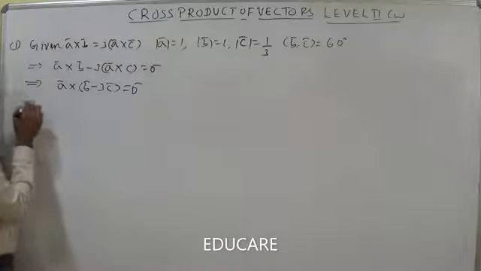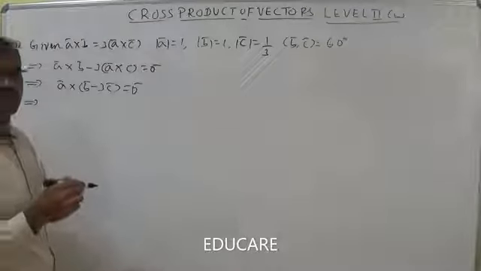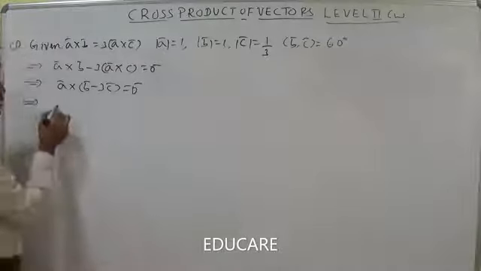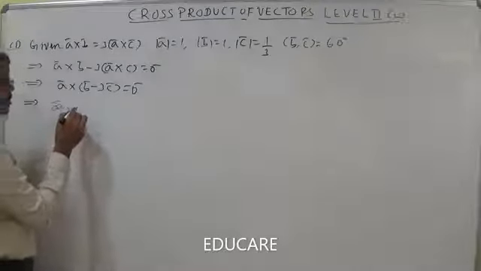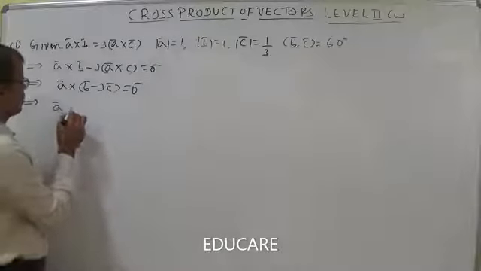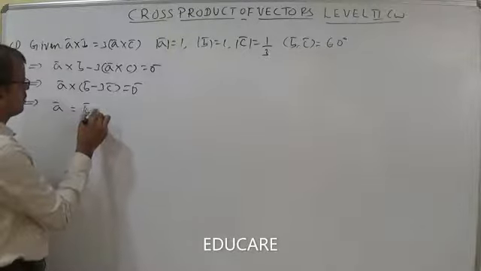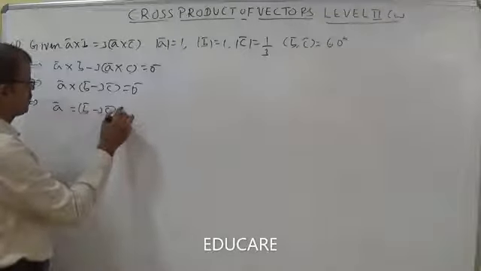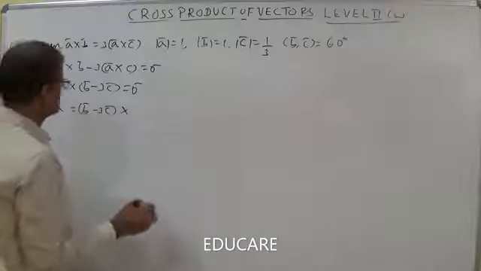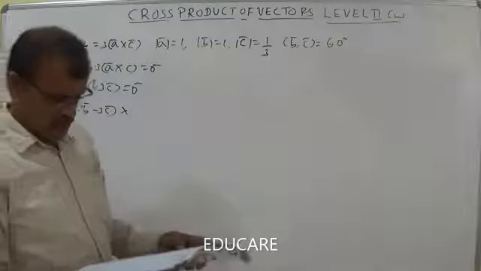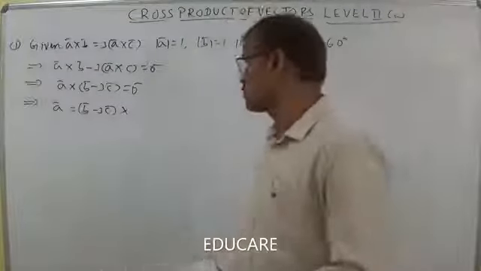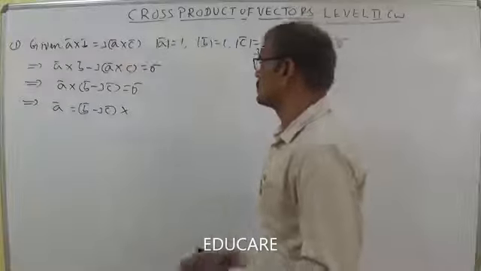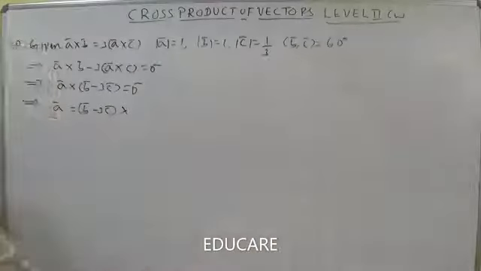Whenever the cross product between two vectors is 0, the two vectors are parallel. So B bar minus 3C bar is equal to lambda A bar, or we can also write A bar is equal to (B bar minus 3C bar) into lambda.